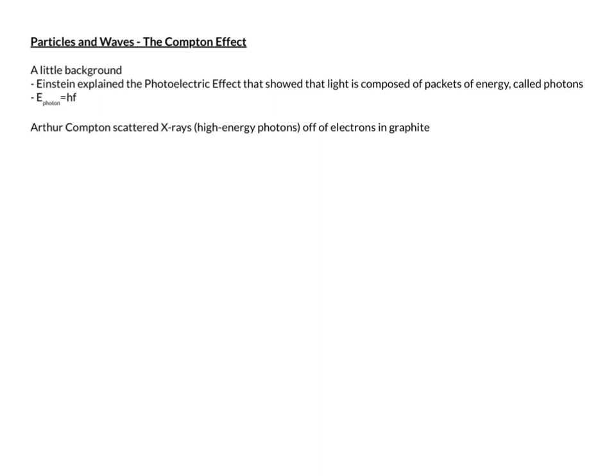Now another physicist by the name of Arthur Compton scattered X-rays, which are high-energy photons, off of electrons in graphite. So here is the experiment where an incident photon strikes an electron in the graphite, and the electron is going to scatter in this direction, and the photon is going to scatter in a different direction.